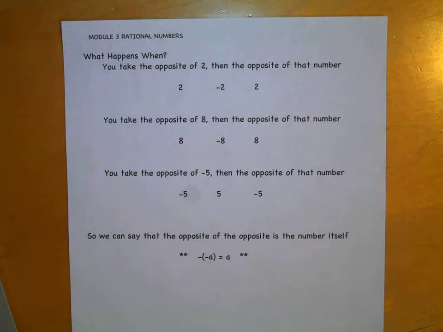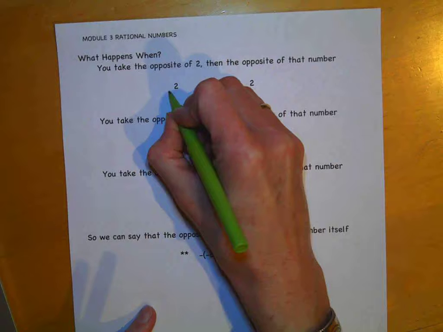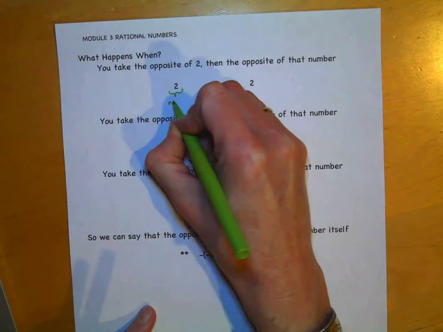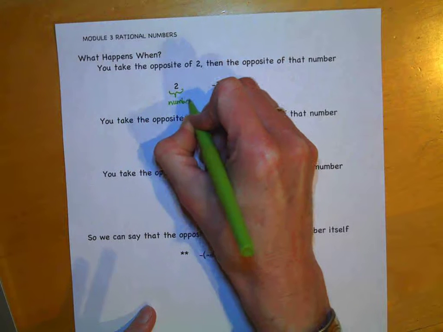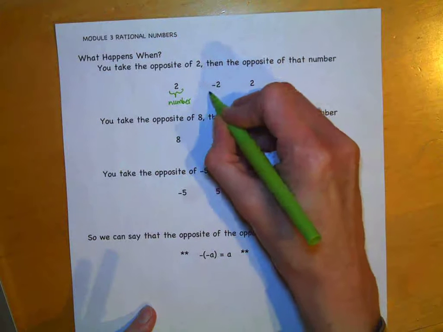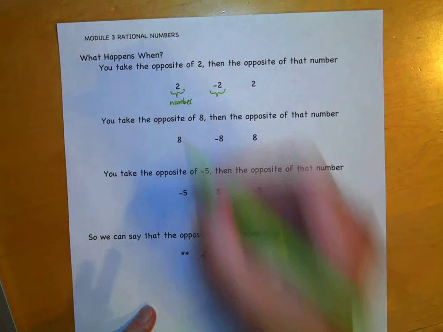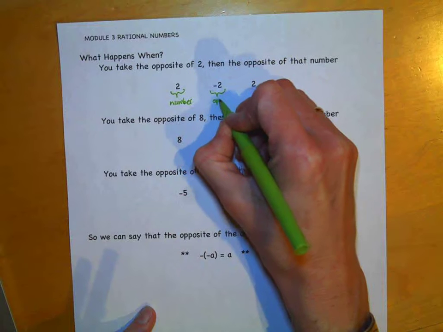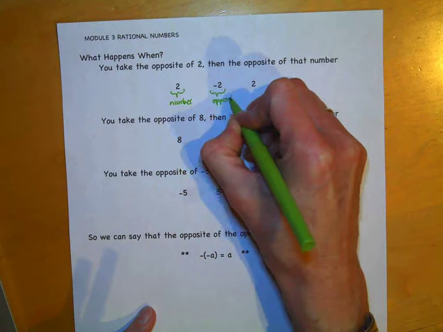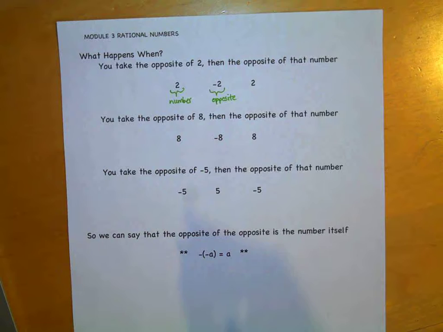You're given the number 2, and then you're supposed to take the opposite of that. What is the opposite of 2? If you said -2, you are correct. So this is the opposite of the given number.